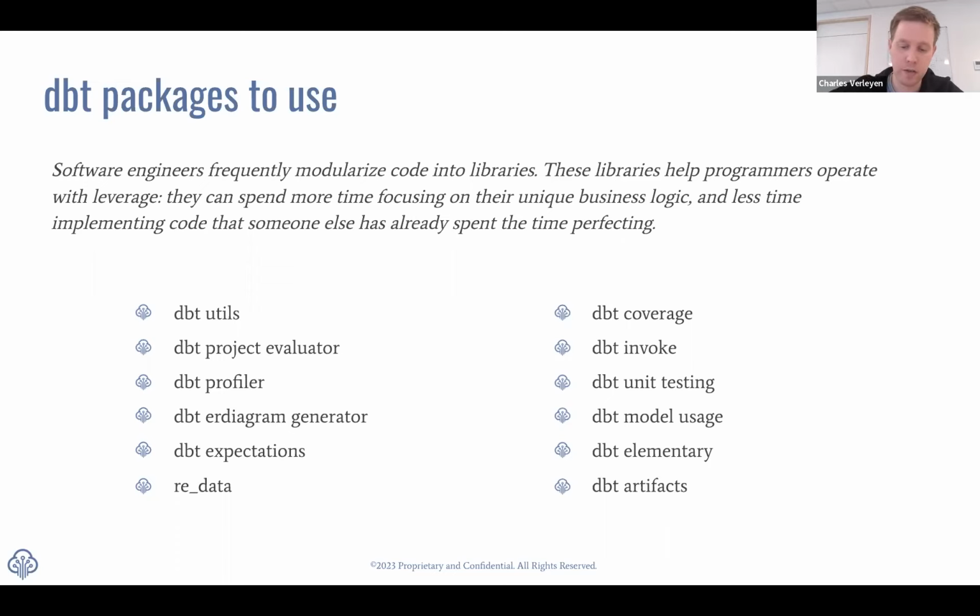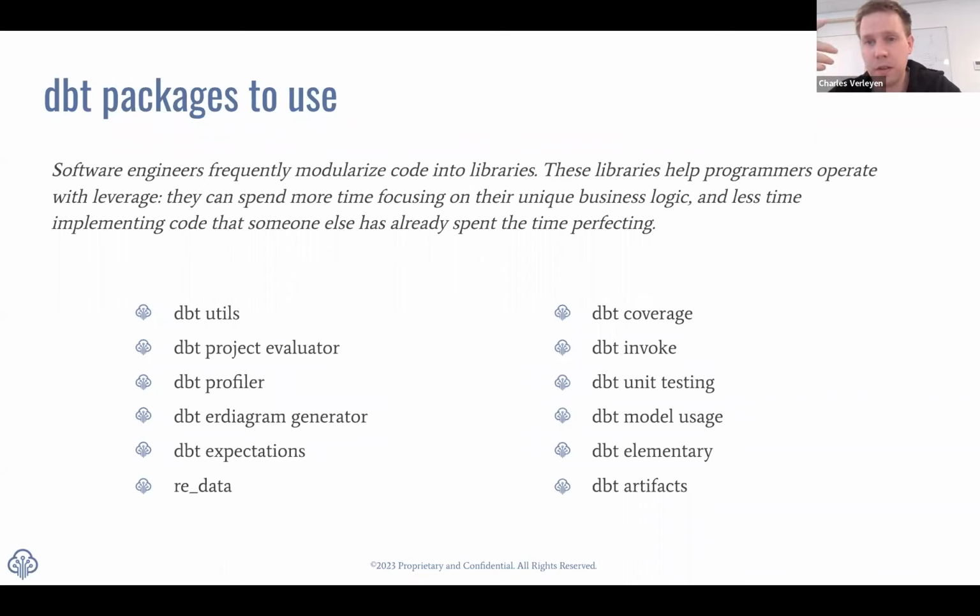dbt Expectations. dbt comes with a few built-in tests, but dbt Expectations is a package that includes many more tests that you can take and reuse. Then, of course, your property files. Normally, you start by writing models, so SQL files, and properties files can be quite time-consuming to create.